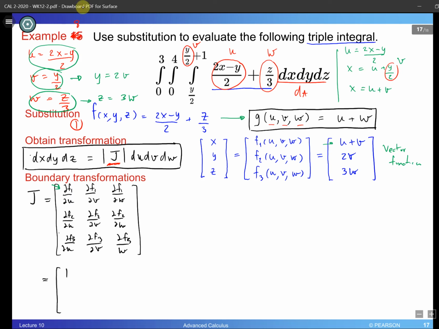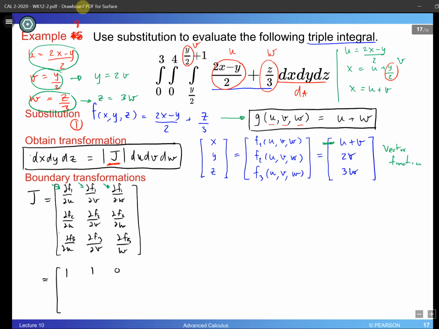Easy. Let's move to the next one, F1 with respect to v. Differentiate the same function again with respect to v. We have the coefficient in front of v, that is 1. Now do the same for w. Differentiate this same function with respect to w. We don't have w here, so we are going to get 0. Not too bad, right?